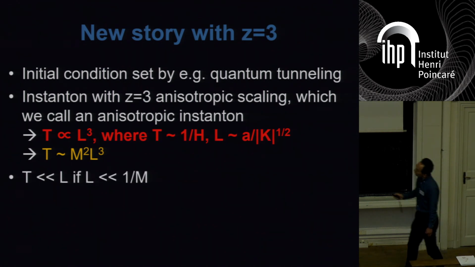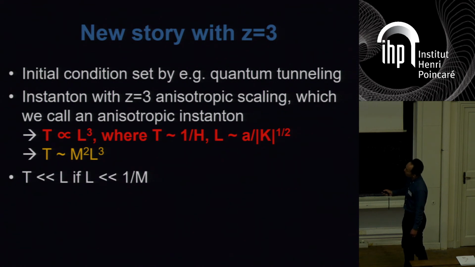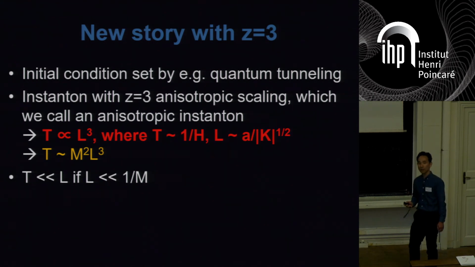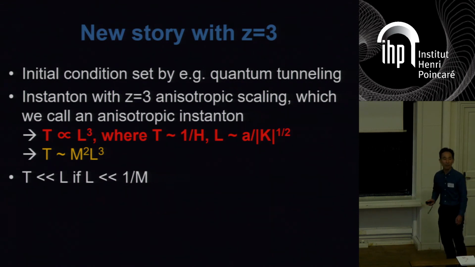If the length scale of the instanton is much smaller than 1 over M, then the time scale is even smaller. This is exactly what we need for the solution to the flatness problem.